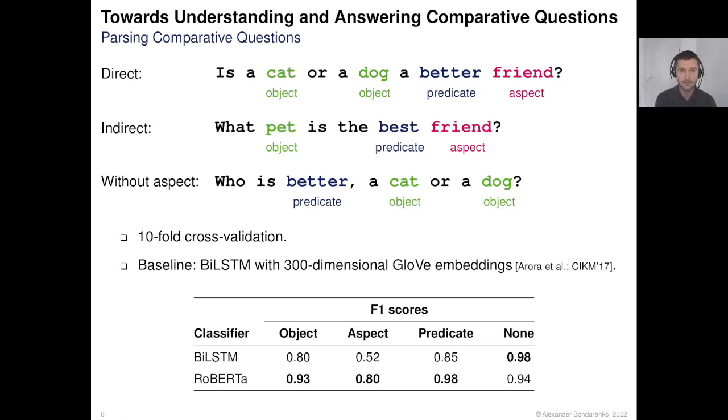And to parse the comparative questions, we selected as a baseline approach a WSDM architecture proposed by Arora, who also extracted objects and aspects but in comparative sentences, and we fine-tuned the RoBERTa token-based classifier on our dataset, with the results that predicates can be recognized at best and the aspect the worst performance shown, but we also propose several steps to improve the classification.